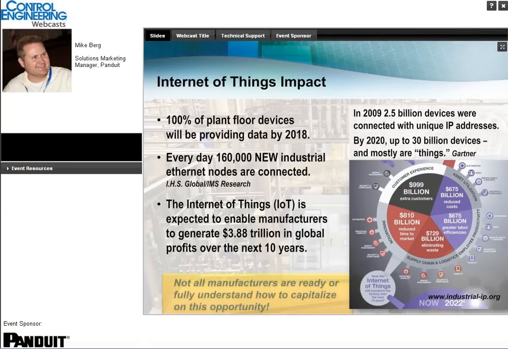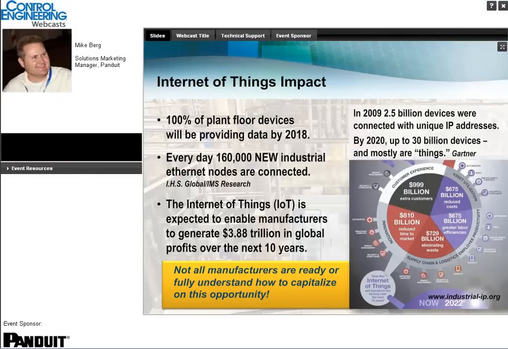There's also a challenge as well. Not all manufacturers are ready to fully understand how to capitalize on this opportunity. The point with this slide is that the role of industrial networks is changing, and we need to adapt how we design, install, and maintain these networks so we can reduce our risks and reap the value and the opportunity represented by the Internet of Things.